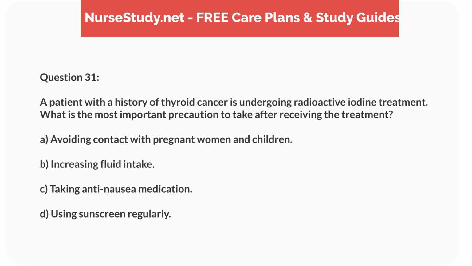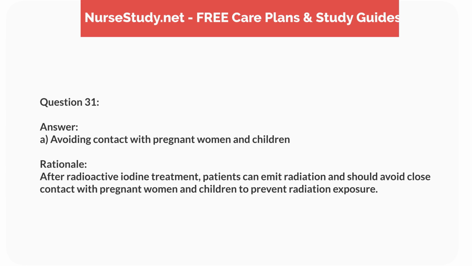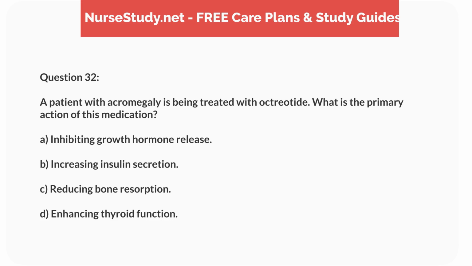D. Using sunscreen regularly. Answer: A. Avoiding contact with pregnant women and children. Rationale: after radioactive iodine treatment, patients can emit radiation and should avoid close contact with pregnant women and children to prevent radiation exposure.